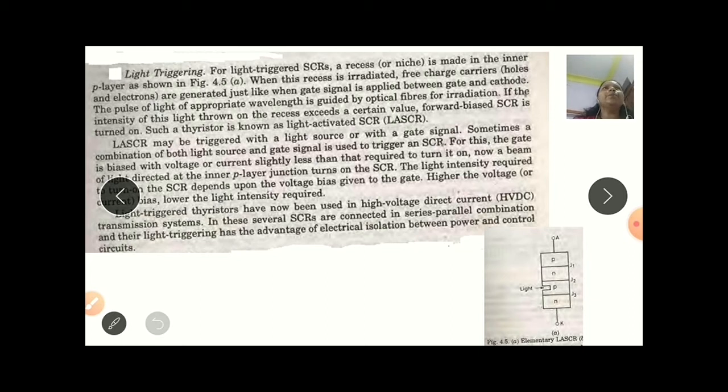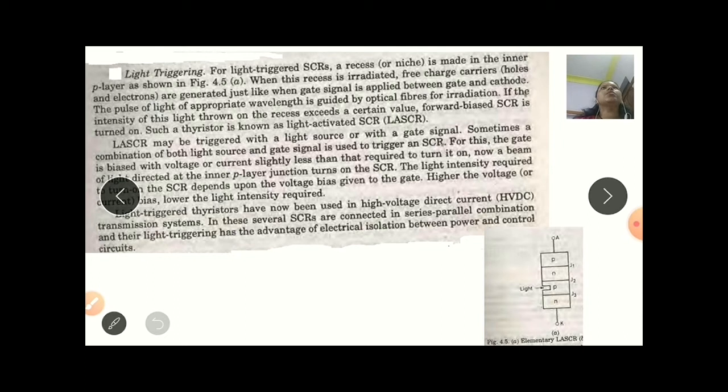Likewise, if we irradiate some light beam, what happens? Charge carriers are generated in the inner P layer. Once the charge carriers are generated, the width of the depletion layer near junction J2 will reduce.